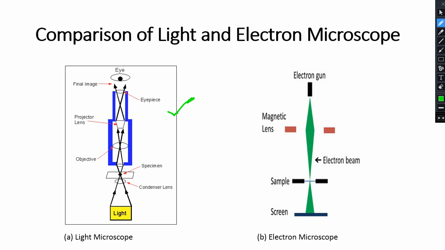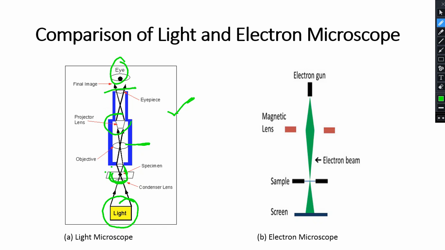The source here was light, and when this light hit the mirror, it was reflected and passed through the specimen on a slide. After passing through it, the objective lenses were magnifying it, and then another lens was also magnifying it, and that's how a picture was created here, and the person could see that image.